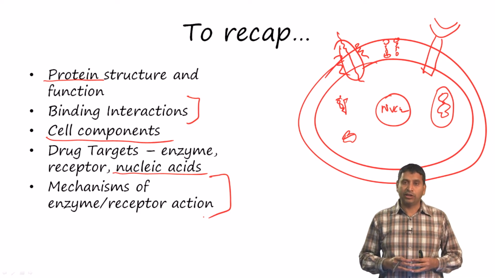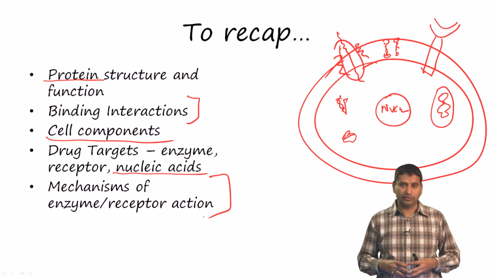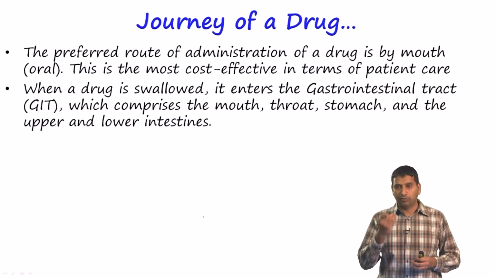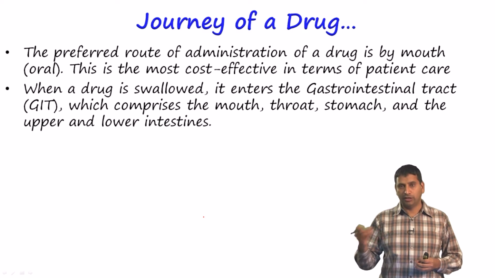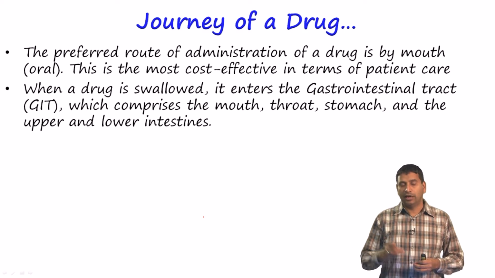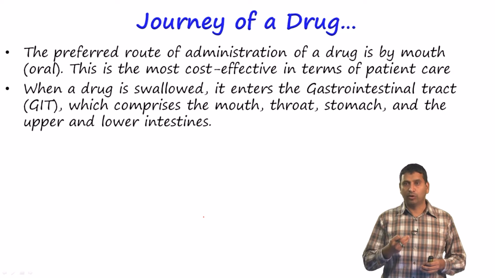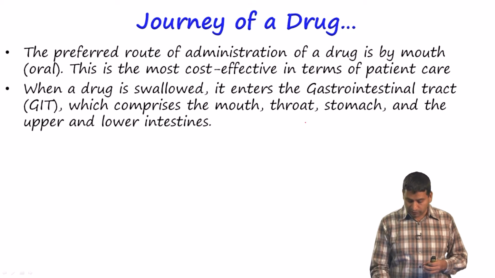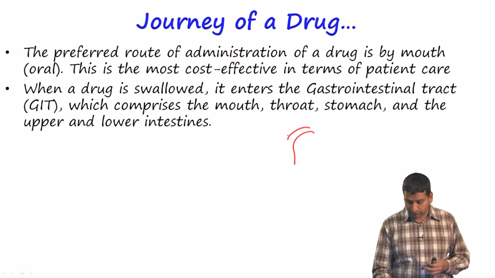So, in this context, now let us look at what happens to a drug once it is administered. Of course, the preferred route of administration of a drug is by mouth, because that is clearly the most cost effective, and also people prefer to just swallow the drug rather than having an injection and so on. So, when the drug is swallowed, it enters through the mouth, it enters the esophagus, and it first enters the stomach.